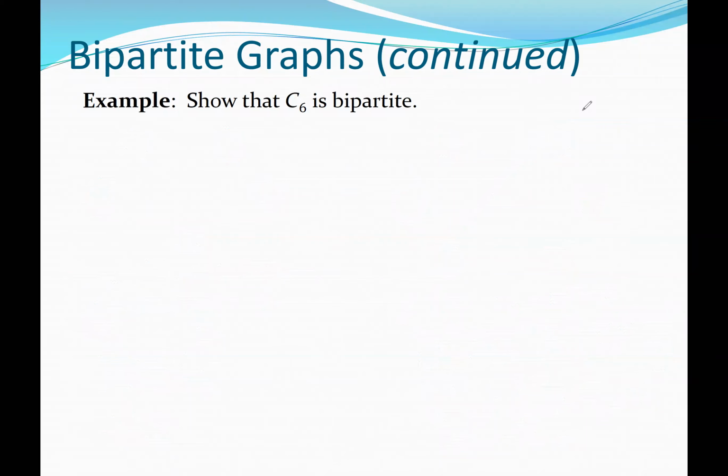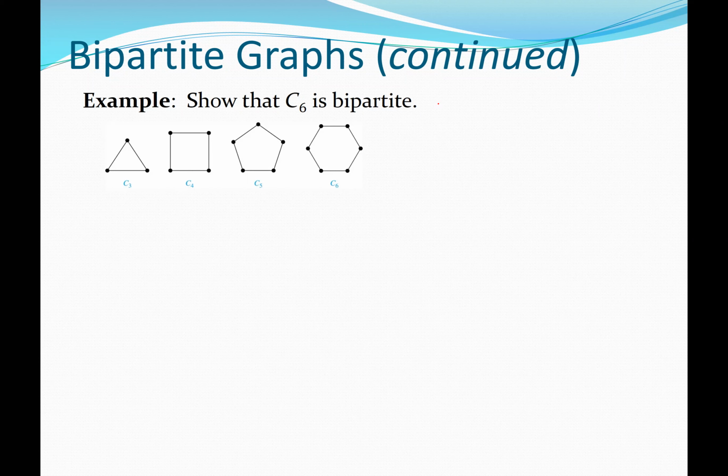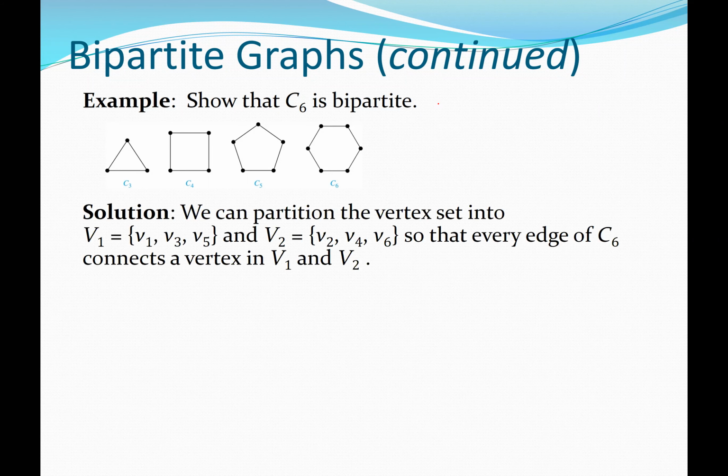All right, another example is to show that C6 is bipartite. Here you go, that's C6. You can easily show that using the coloring theorem, but this is how we show it using the definition.